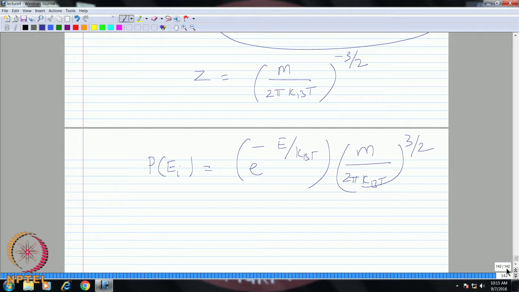Now once we know this probability, we are going to evaluate the distribution. So, this f here is actually the number distribution function for energy carriers.